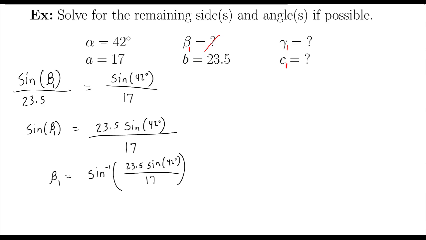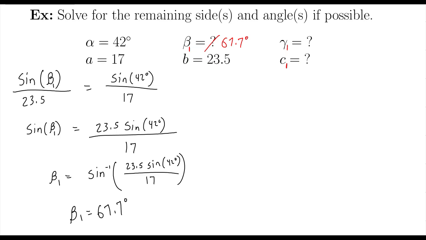So inverse sine, 23.5 times sine of 42 degrees over 17, close parentheses, I get 67.7. So that's going to be beta 1.